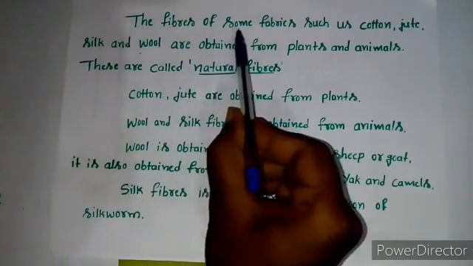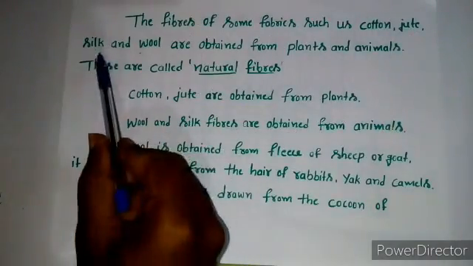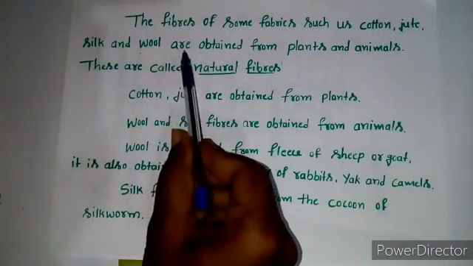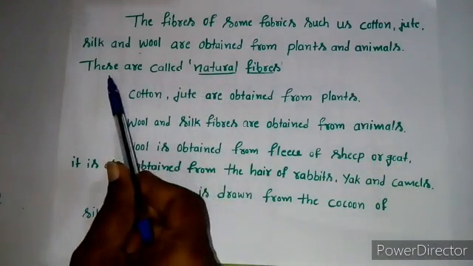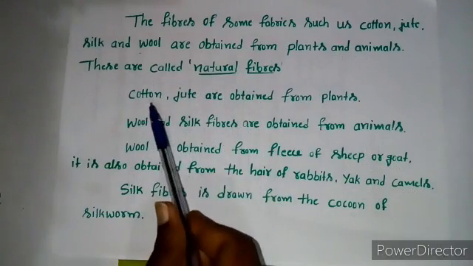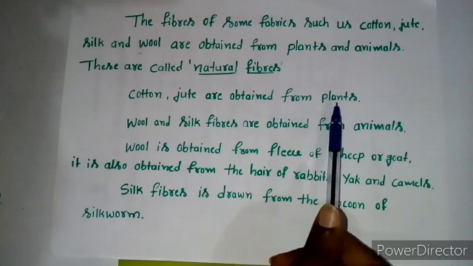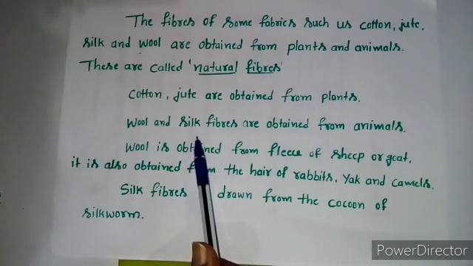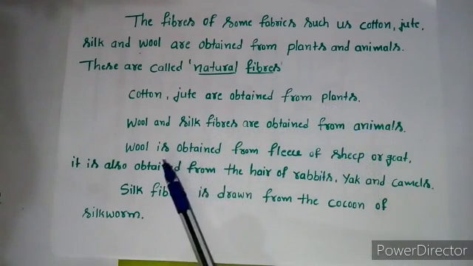The fibers of some fabrics such as cotton, jute, silk and wool are obtained from plants and animals. These are called natural fibers. Cotton and jute are obtained from plants. Wool and silk fibers are obtained from animals.